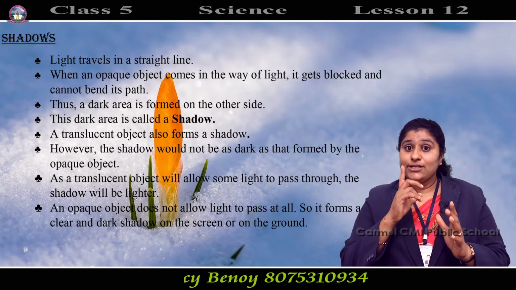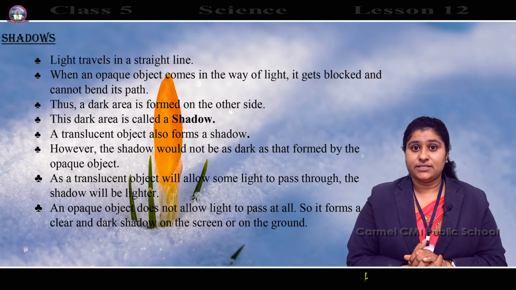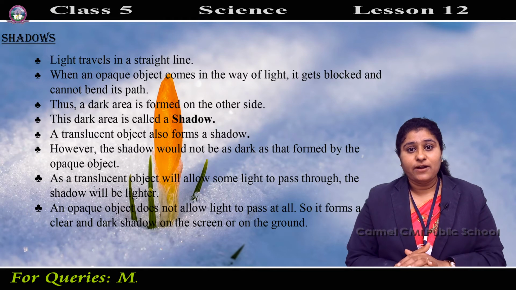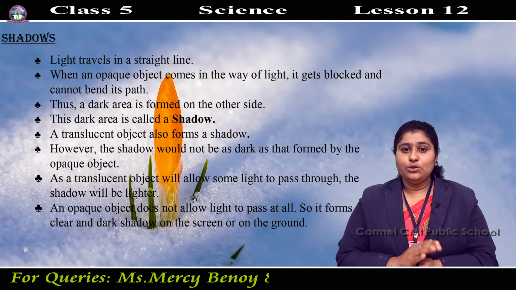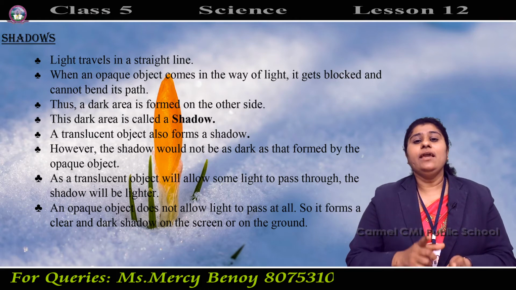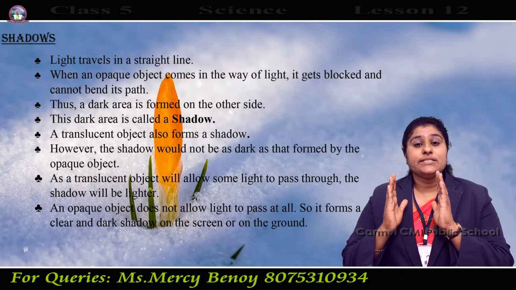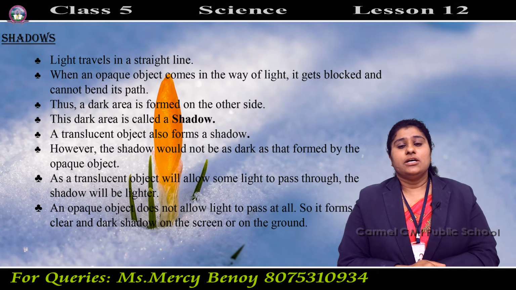Not only that, that object should be an opaque or translucent object. If you keep a transparent object in the path of light, you won't get the shadow. You will get the shadow only when an opaque or translucent object is in the path of light.